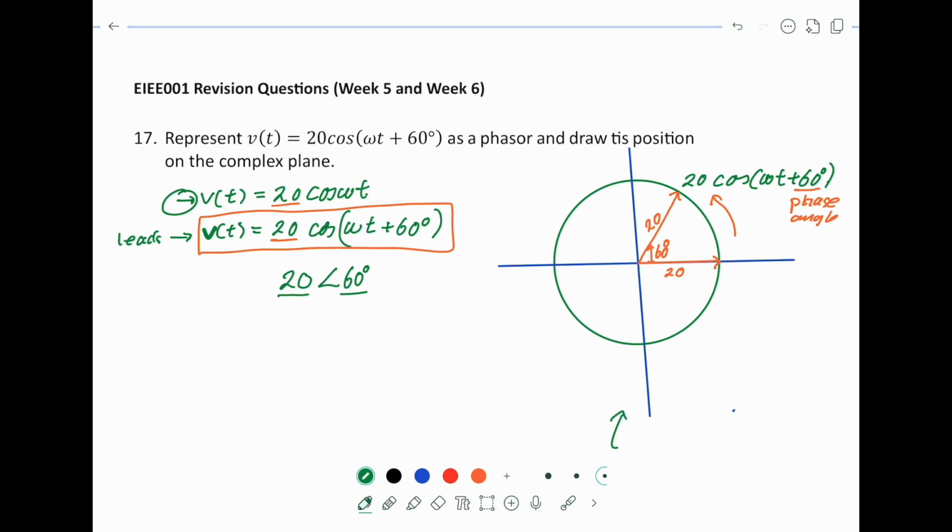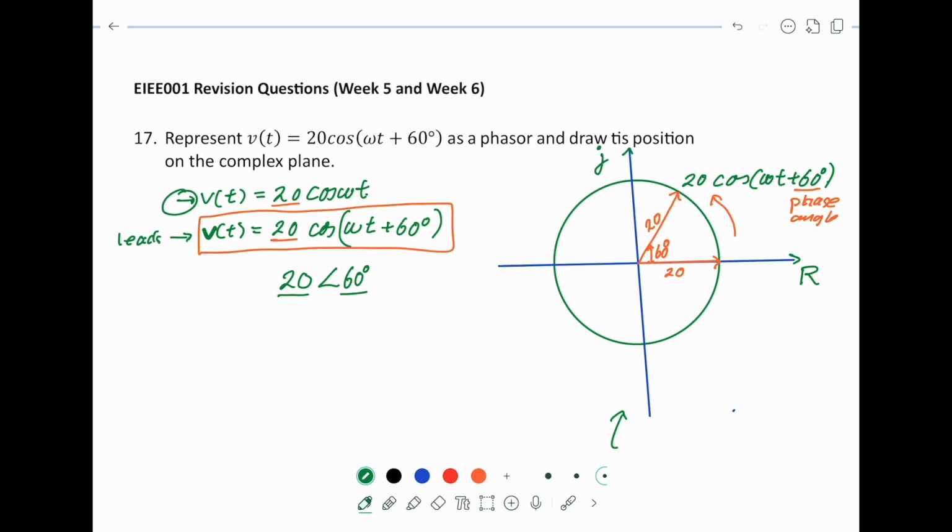We can also think of this as a complex plane. This is the real axis, and this is the imaginary axis. In engineering, we use j instead of i for the imaginary number.